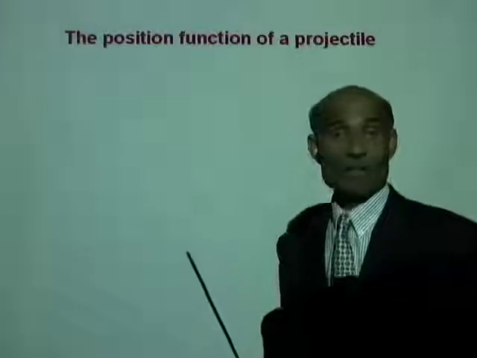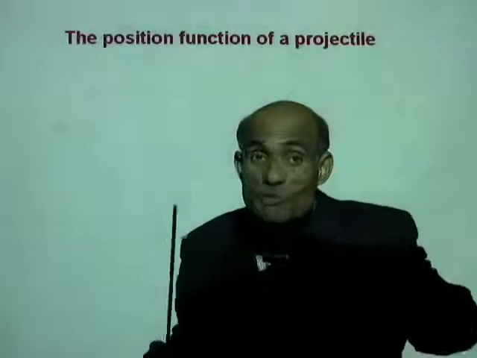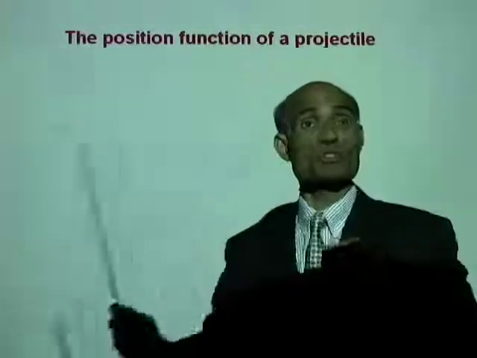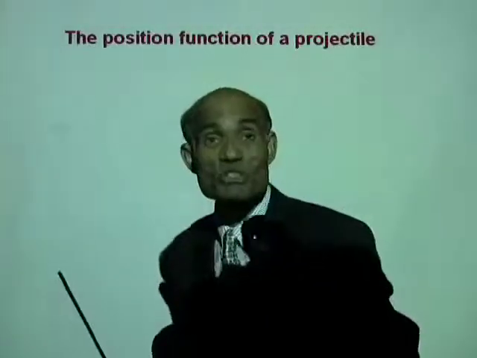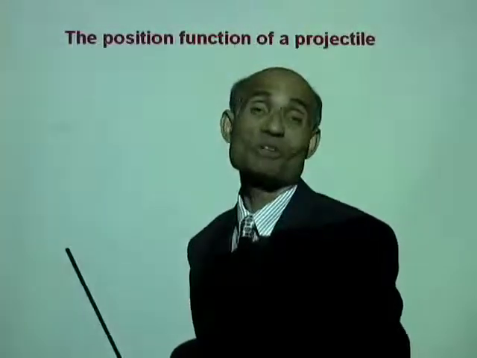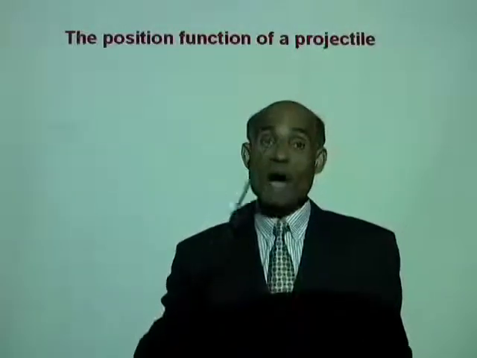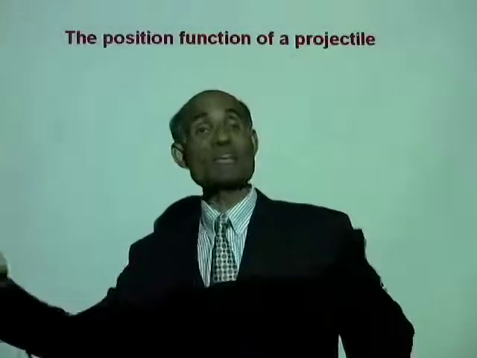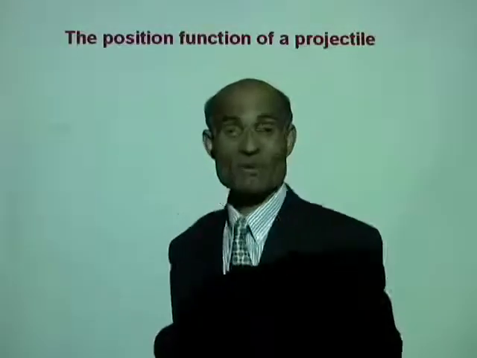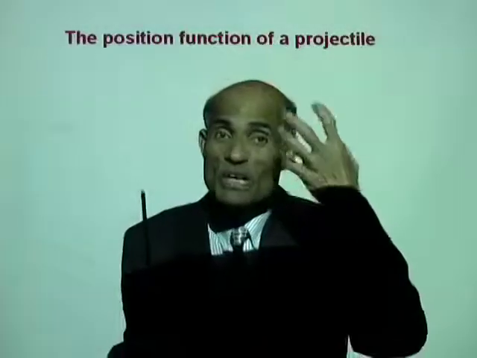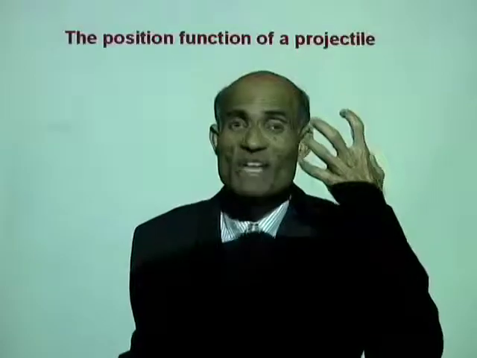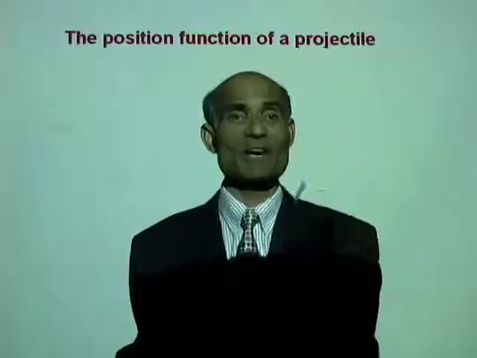Alright? We can now combine the x position and the y position and write a position function for the projectile. What is the position function? It will be xi plus yj. Alright, before writing down, can we think now mentally, what is the x position of a projectile?